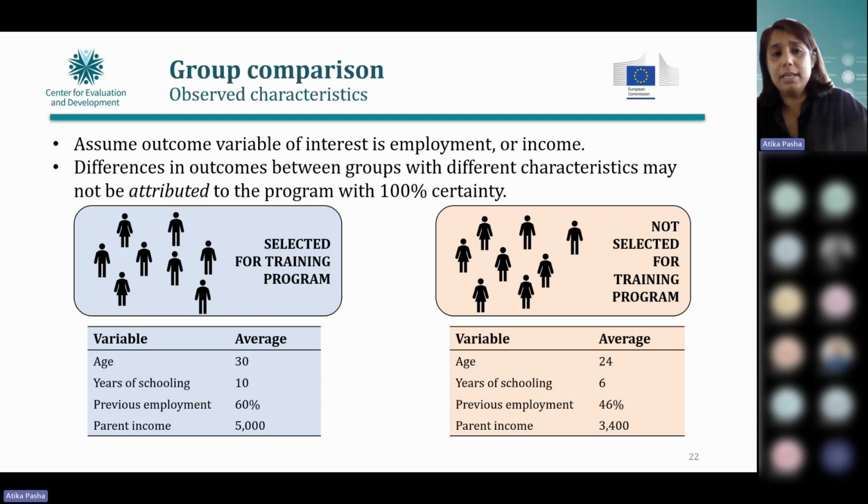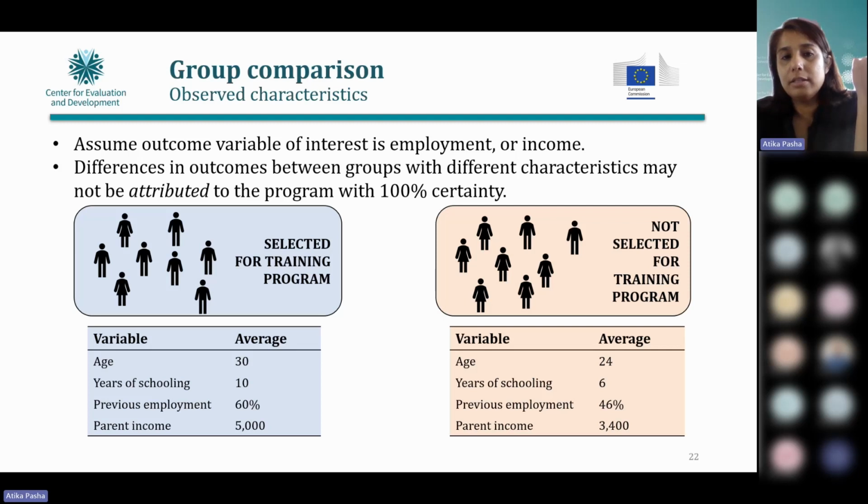So what we would see, considering that we have selected stronger candidates into the training, is that on average these are youths who are slightly older, so on average 30 years of age, they have more years of schooling, they have had previous employment, and potentially come from a wealthier background as shown by their parent income.